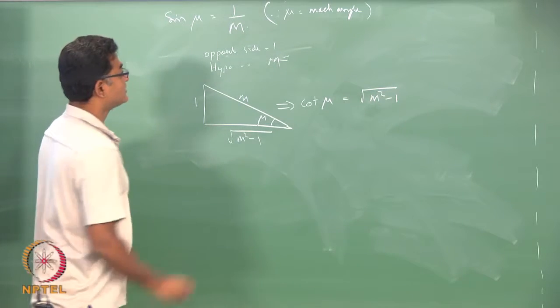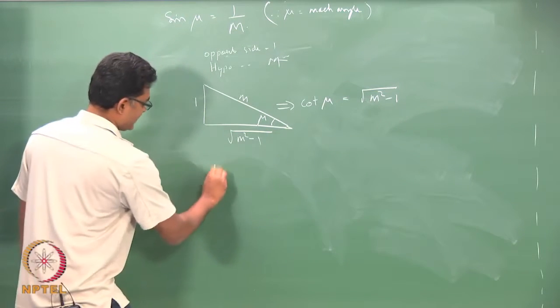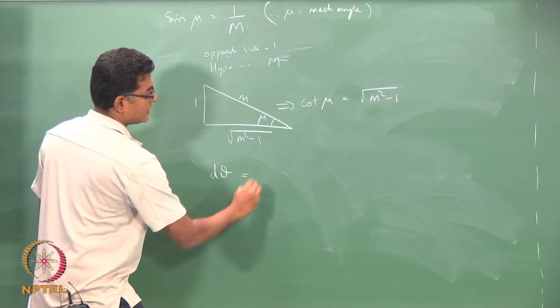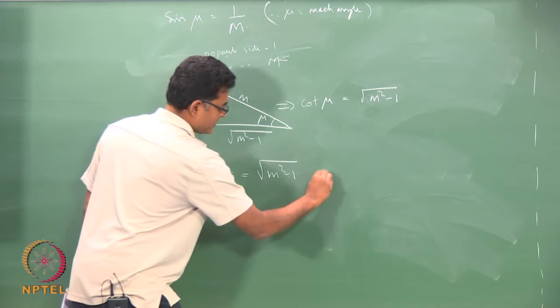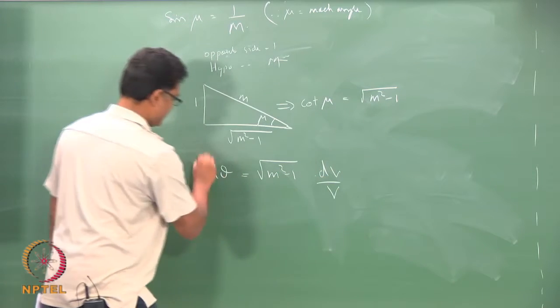I substitute this in that equation for d theta. So, my d theta is root of M square minus 1 into dv by v.